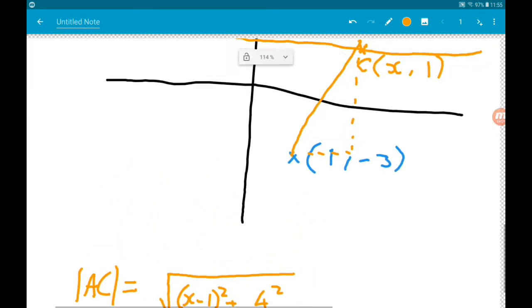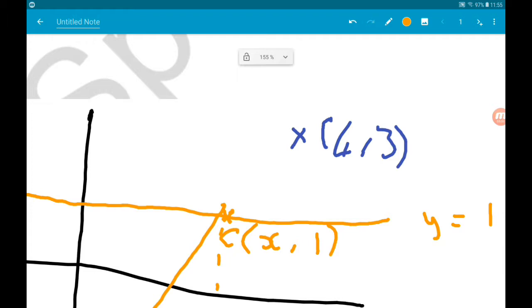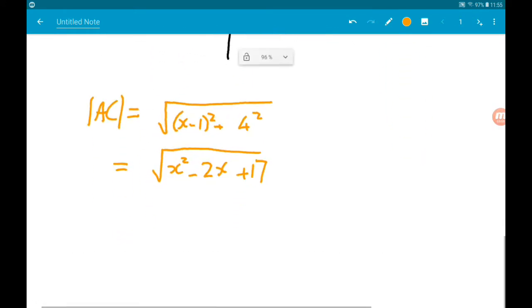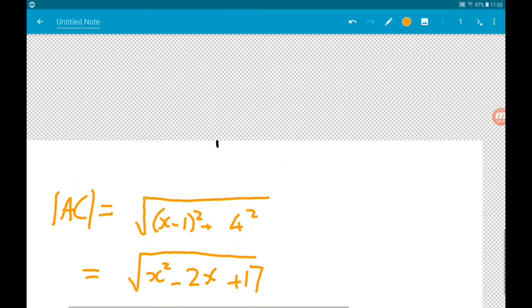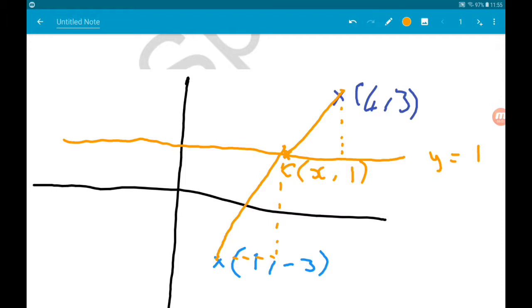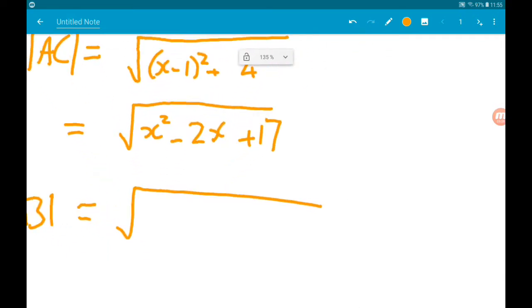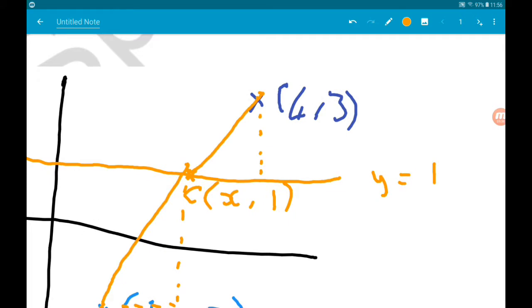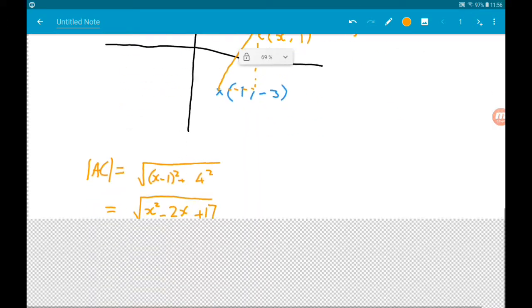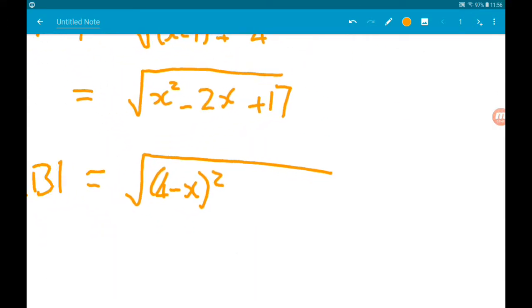Now if we do the same for C to B, then the length C to B is the square root of (4 minus x) squared add the height, so that's 2 squared, so that's add 4.